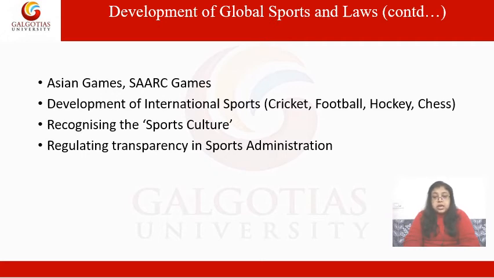There is no country which would not be involved in these kinds of sports. So they are known as global sports nowadays, and we have to have a proper legal structure so as to regulate these games and the bodies associated with these games too.